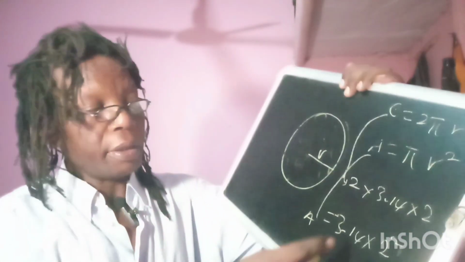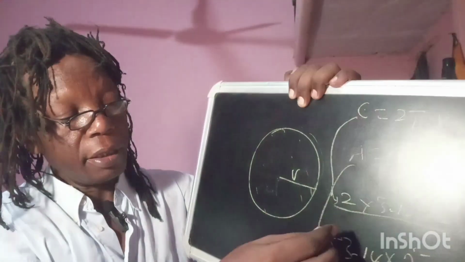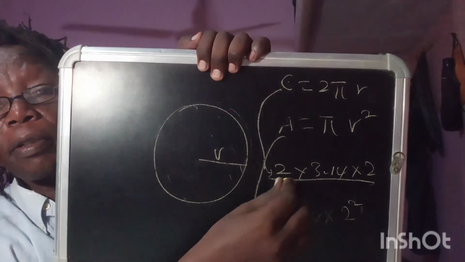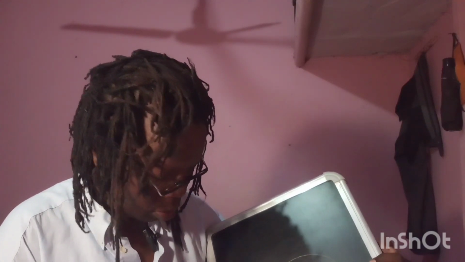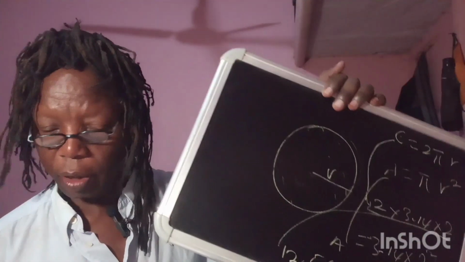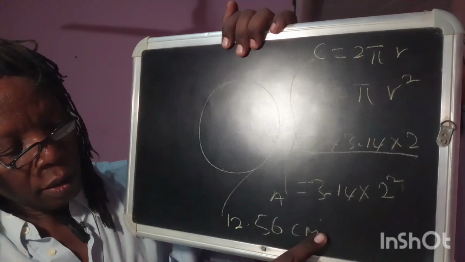Now let's calculate the area. This is very simple math. The circumference gives you a value of 12.56 centimeters. We are not squaring anything here. And the area is pi r squared.